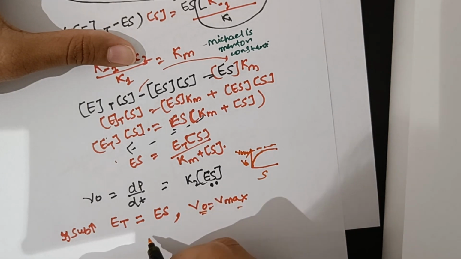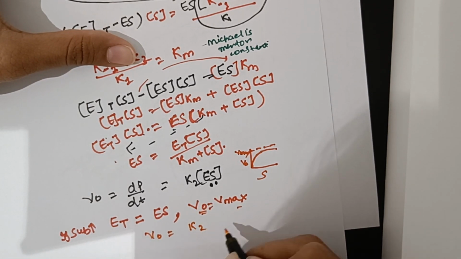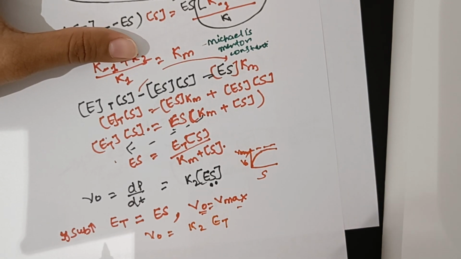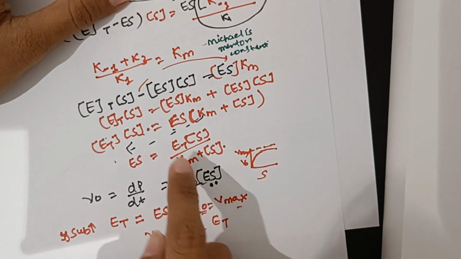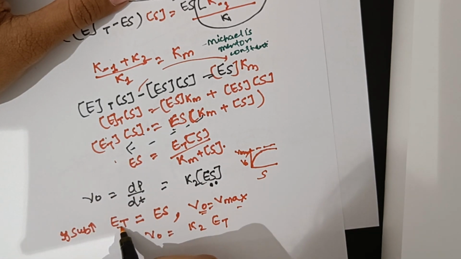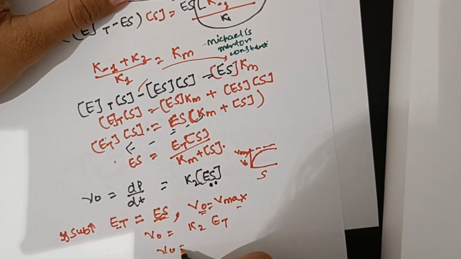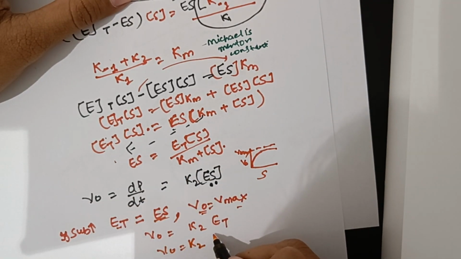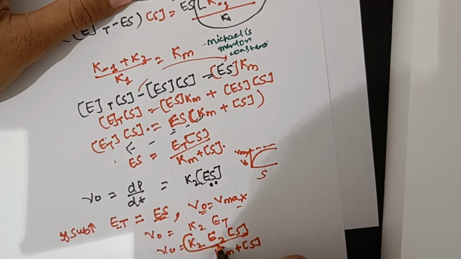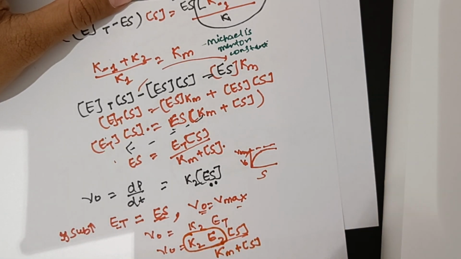In that case, V naught becomes K2 Et, right? You agree, right? And then what we can do here is put this equation here, because we say that Et is equal to ES. So V naught becomes K2 Et S over Km plus S, and K2 Et is what is Vmax, right?